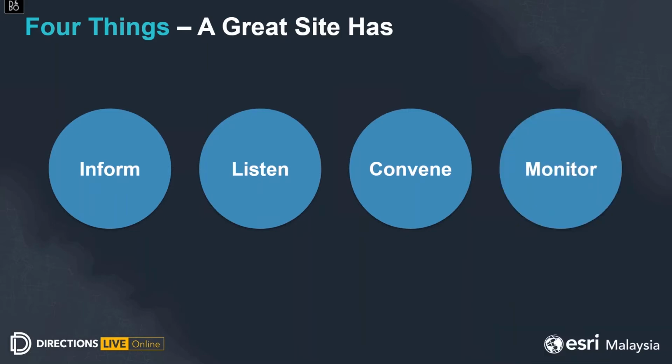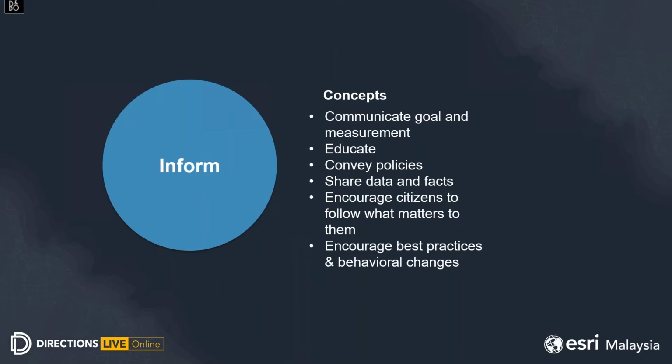Okay, so let's learn more about how to use these four things. What is the first impression you want people to have when they view your initiative? Give an elevator pitch of the initiative and why it is important.